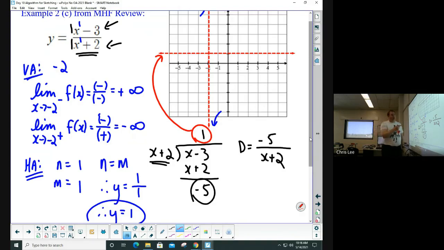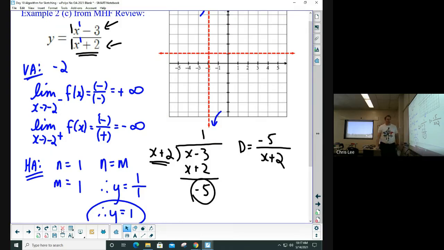So you see how the answer is 1 and the asymptote is at 1. If the answer here was 2, this asymptote would be at 2. And if that answer was x plus 2 or something like that, it'd be an oblique asymptote, and that'd be the equation of the oblique asymptote. That's just an extra little curiosity to make sure that you're right. We don't need to identify that because we already know the horizontal asymptote is that.